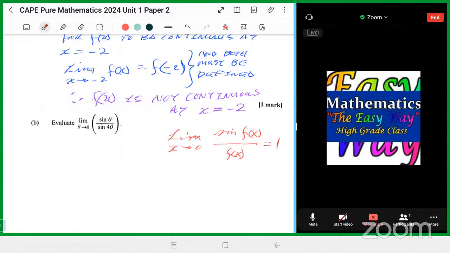That's what we're using. Whatever function of x is there, the same thing must be there.